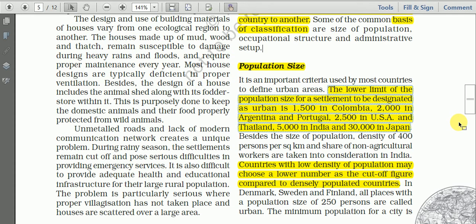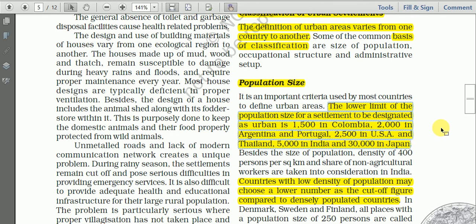So in this way, the definition of urban settlements in terms of population size is different from one country to another. In the case of Colombia, for example, if the population of a settlement has reached 1,500, then the settlement is called urban. Likewise, in Argentina, if the population of a settlement has reached 2,000, then that settlement is called urban.